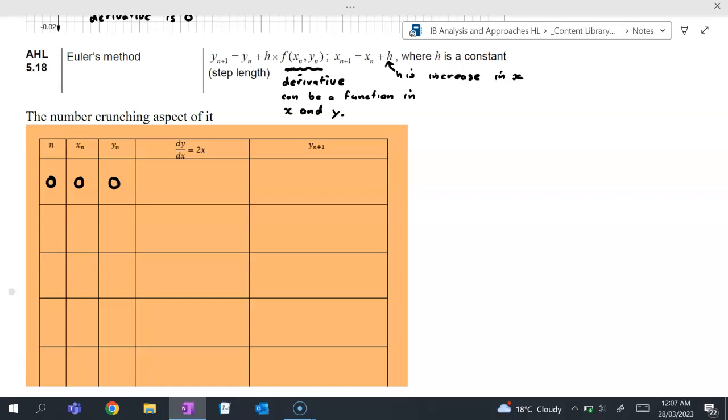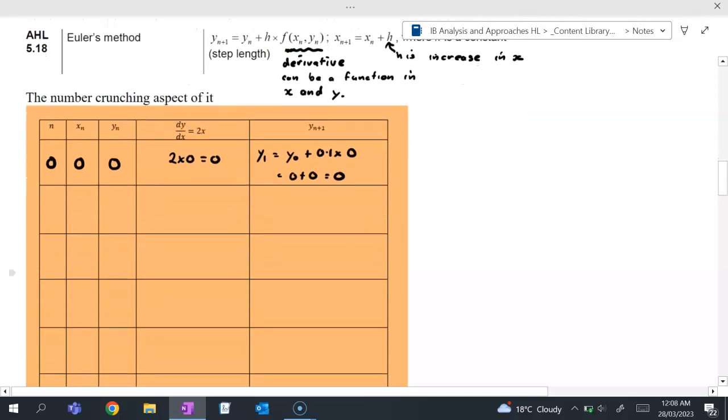Okay, so the value of the derivative when x is 0 is just 0. So y1 is going to be y0 plus the step value, we're doing 0.1, times the value of the derivative, which is 0. So y0 is 0, so it's just 0 plus 0, which equals 0. So y1 is 0.